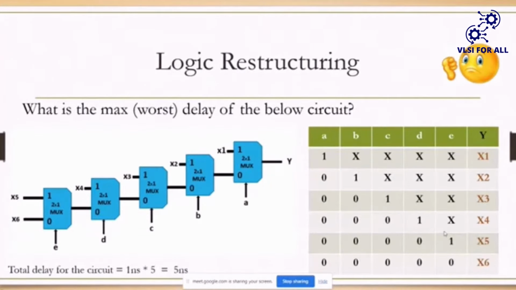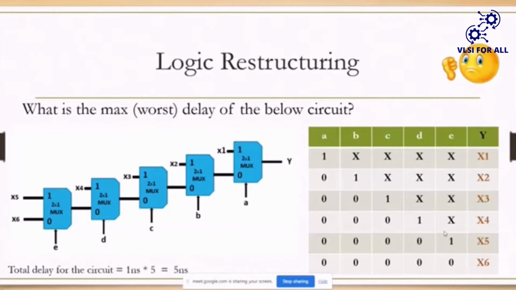Now, with respect to the multiplexer operation, the functionality is okay. Because where the A input is 1, for the rightmost 2-to-1 multiplexer, as the selection input is 1, definitely the output Y is X1 only. So the functionality is good. But the point is the total delay requirement.